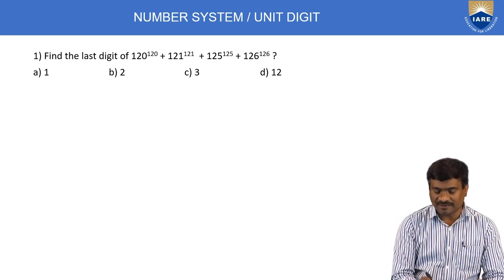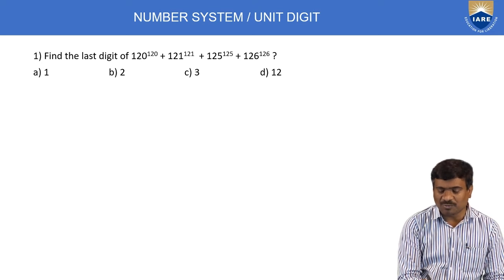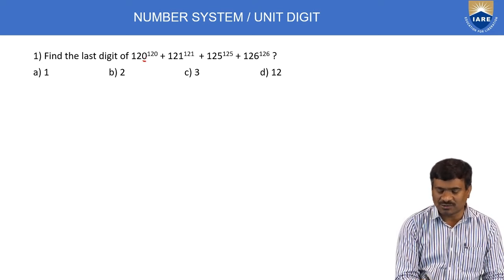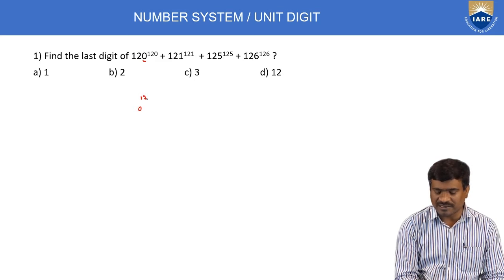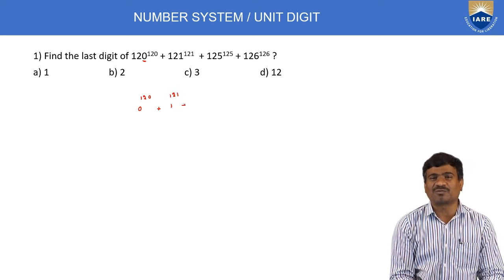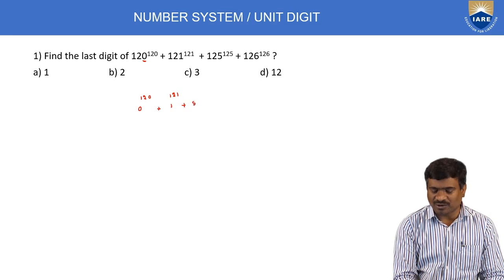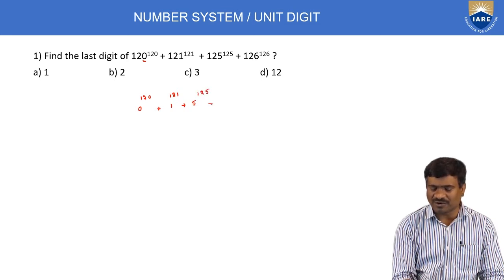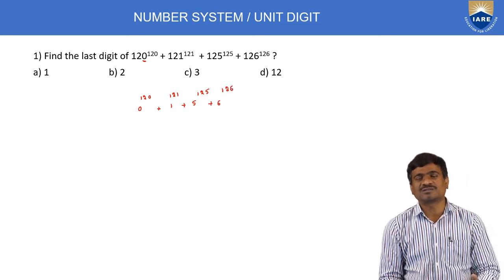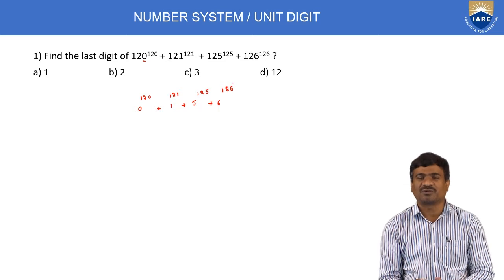Here, 120 to the power of 120 is also written as 0 to the power of 120. 121 to the power of 121 is also written as 1 to the power of 121. 125 to the power of 125 is also written as 5 to the power of 125. 126 to the power of 126 is also written as 6 to the power of 126.